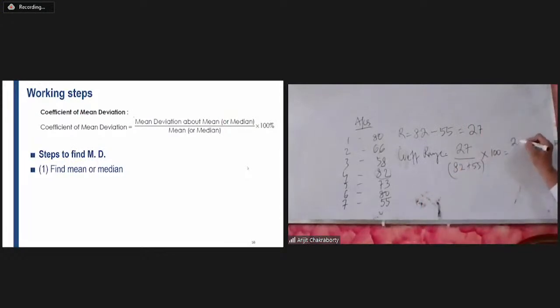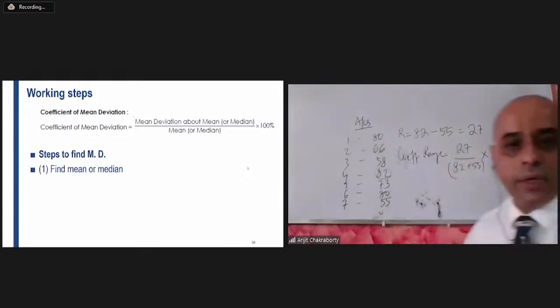So in the numerator we have 27, denominator 137, into 100. So it is 2700 by 137, which comes to 19.7.